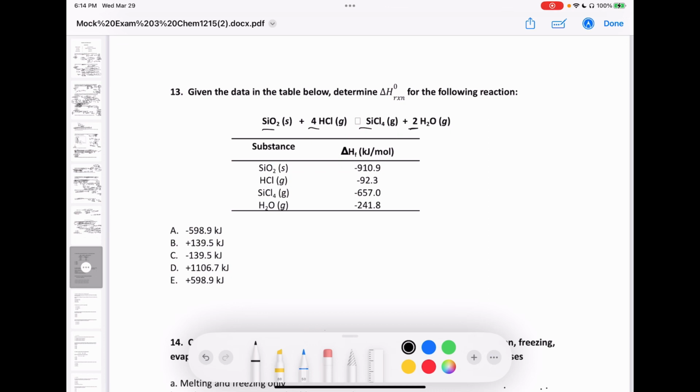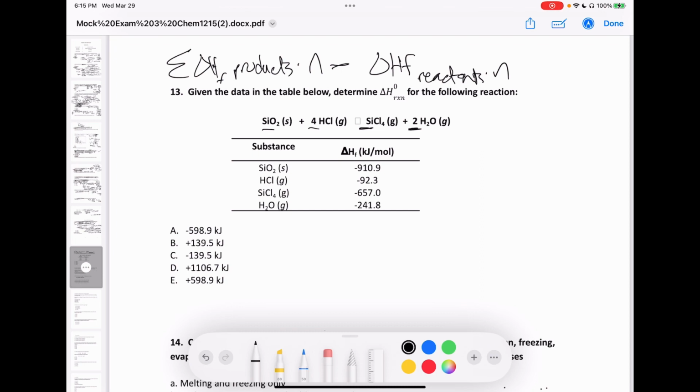So the general way to write this is going to be, that's a sigma sign, by the way, delta H formation of the products times n for each product, because we need to remember about the moles of each product per this reaction, minus delta H of formation for reactants, also times the moles of each one of those reactants.